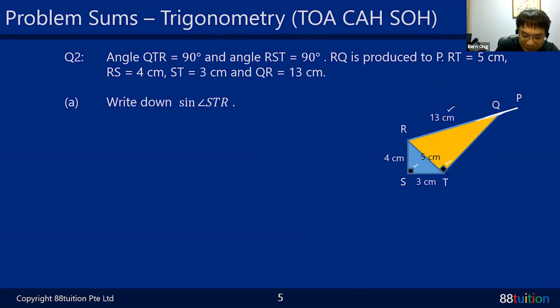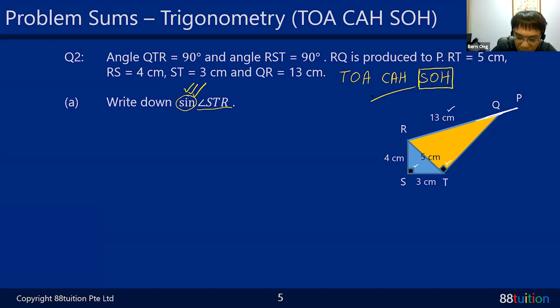You're supposed to write down sine STR already. So where is sine STR? What must you do? My first thing, I will activate my spelling of TOA CAH SOH. Because I see a right angle triangle, I get excited. I write out TOA CAH SOH first. And sine, sine is talking about this formula here.